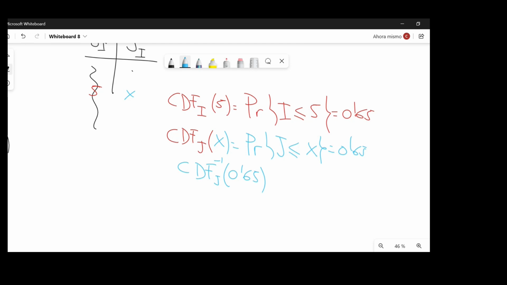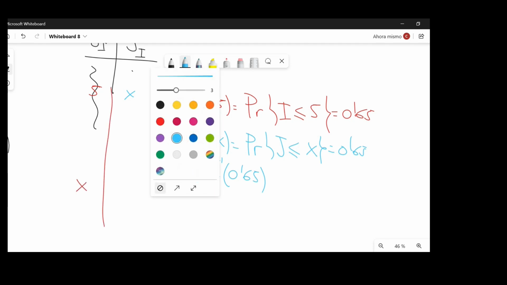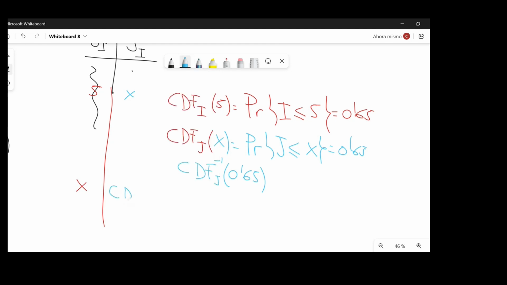I will call that CDF minus 1 J. So for any given input value X, this value here is the CDF minus 1 J. This minus 1 means the inverse, but the inverse in the sense of functions, not in the sense of numbers. And now the CDF I of X is 0.65.